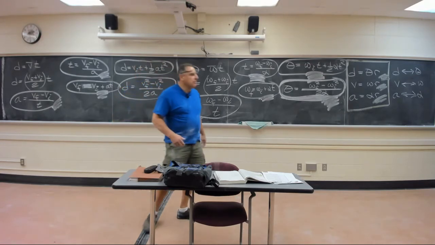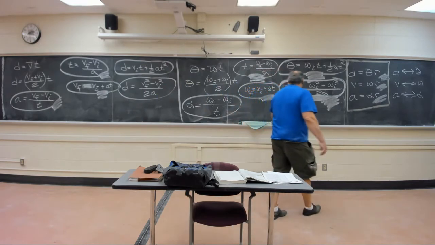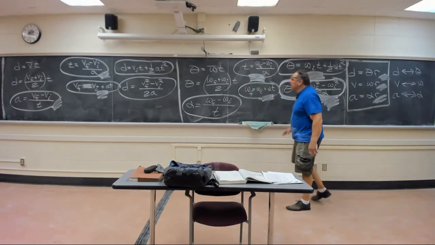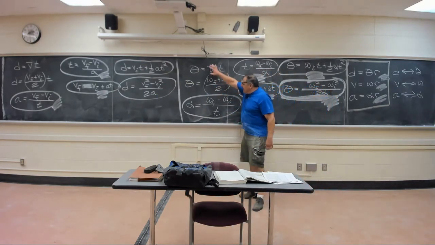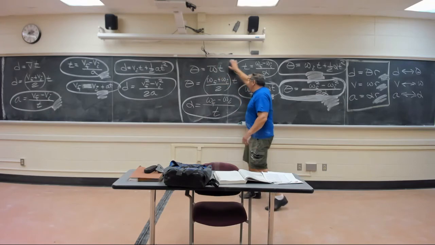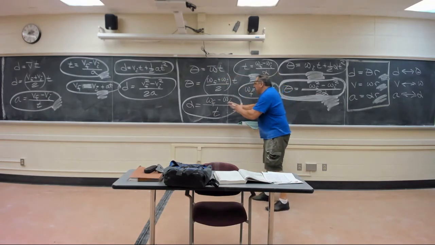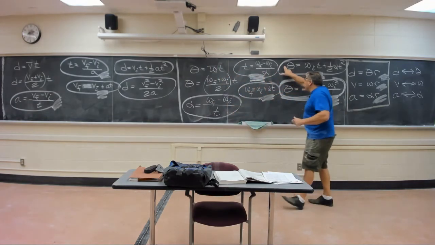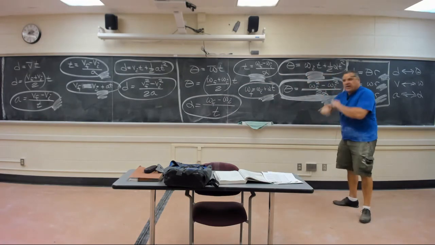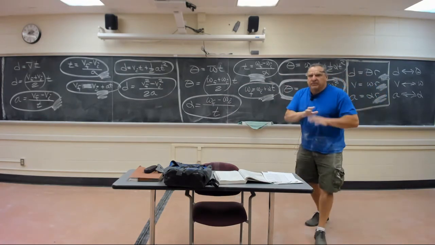I gave it now. There's other ways you could have derived this. You could have started right here with the thetas and with the omegas and with the alphas and how that plays out here. You could have started right here and then derived theta being equal to this. Exact same answer.